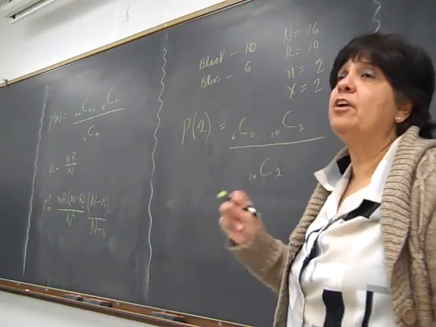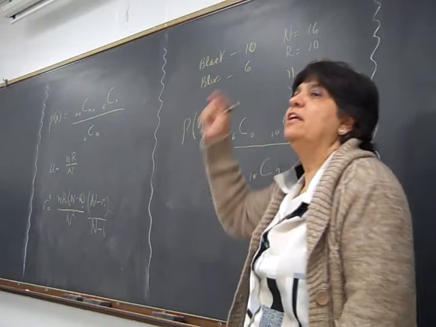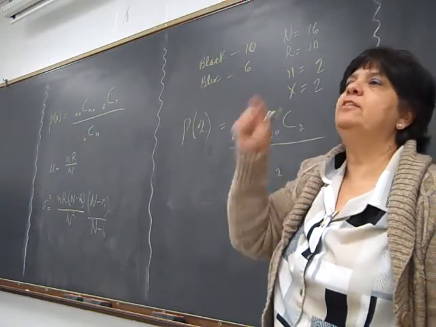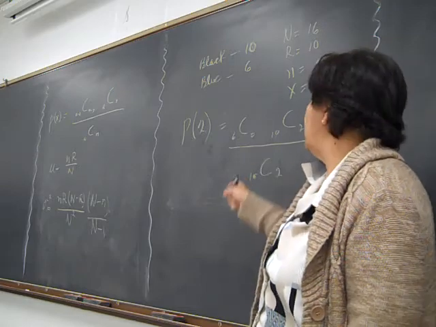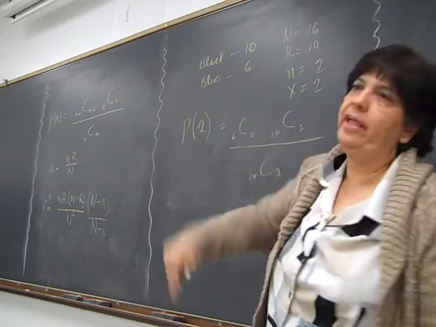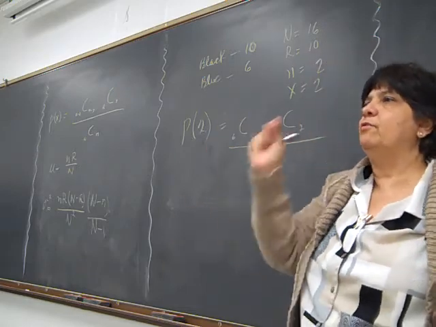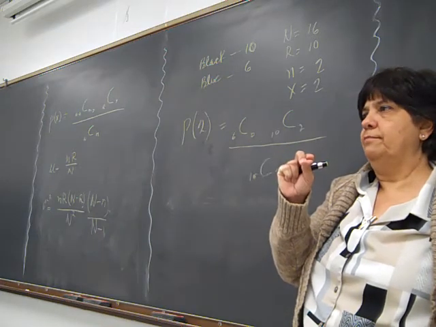When you enter this in your calculator, you use 6 combination 0 times 10 combination 2 divided by 16 combination 2, enter, and the calculator will give you the answer.